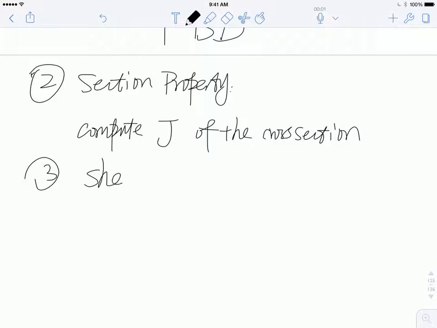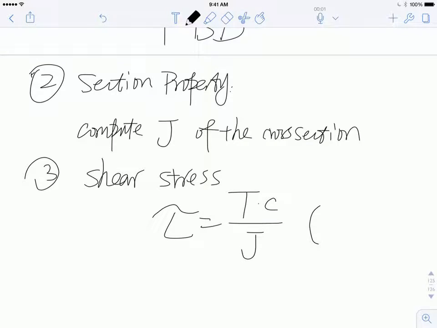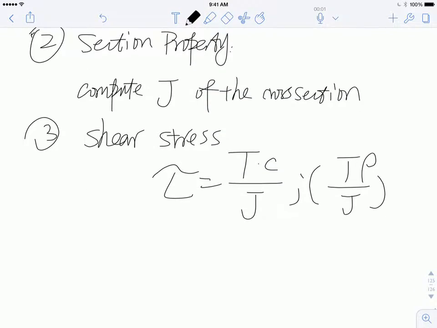Lastly, calculate the shear stress. In other words, using this equation, T times C divided by J. Now, in the textbook, occasionally they also use T times rho divided by J, so make sure you know rho is also the distance to the rotational center.